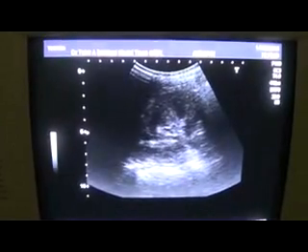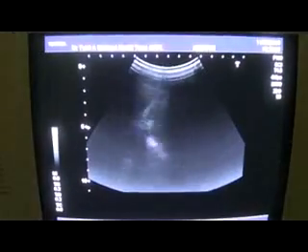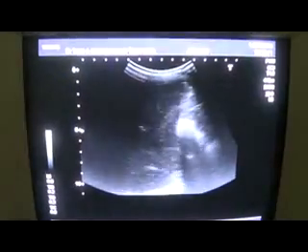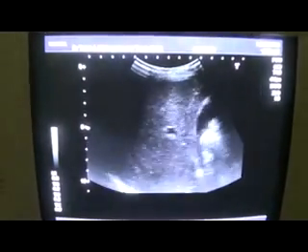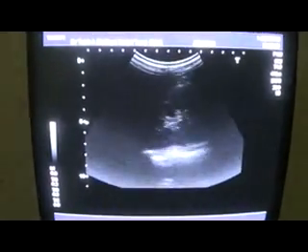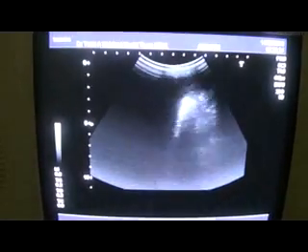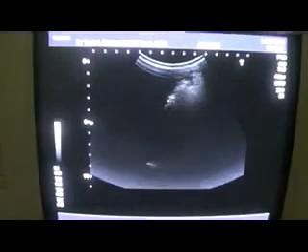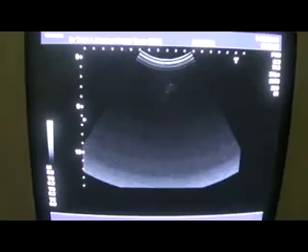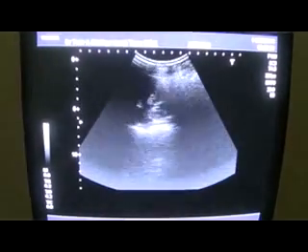Now on the right side, this is the liver, the gallbladder, portal vein. This is the kidney on the right side. Yeah, here we are.